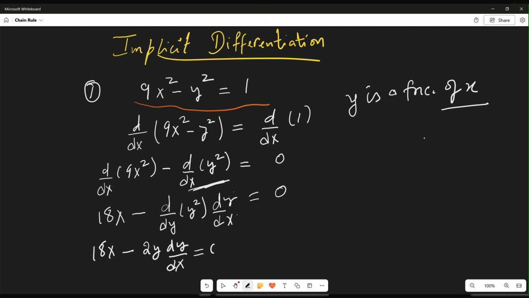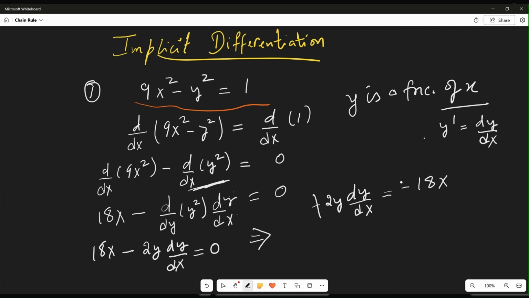And now you can simplify this further, correct? So you can take this to the other side. As you already know, we are solving for y dash, which is the derivative dy over dx, correct? So we have negative of 18x.